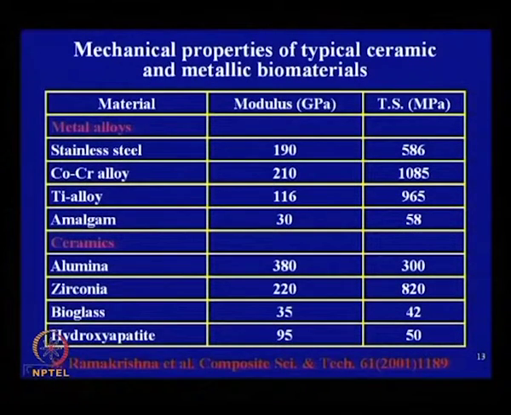Here is a problem. Okay. If you want to replace any part of the body with such foreign materials like metals and ceramics, properties matching is very difficult to obtain, is it not? You look at the properties, they are very strong. So, there is a mismatch of these properties.